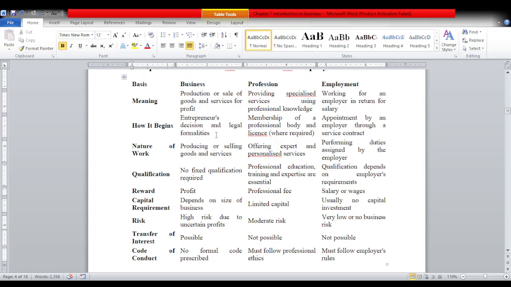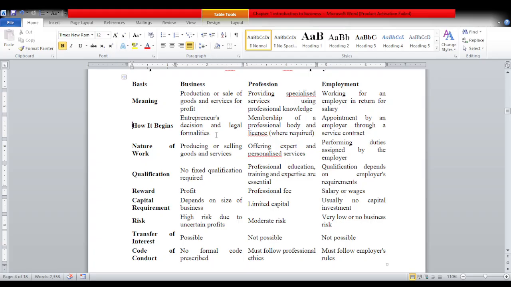Sometimes you are a doctor or a lawyer, so you have your professional area, a particular shop or chamber. In that case, you have to invest capital to set up your business and infrastructure. So you need to invest some amount of capital for the same.